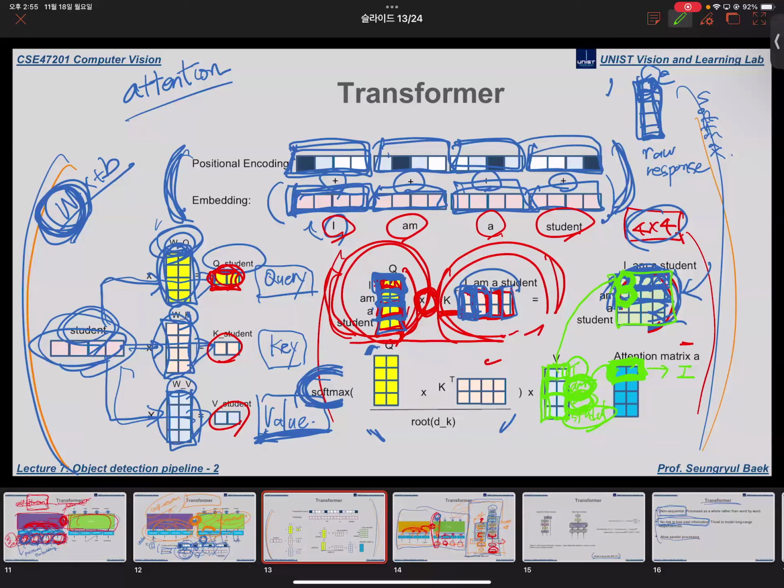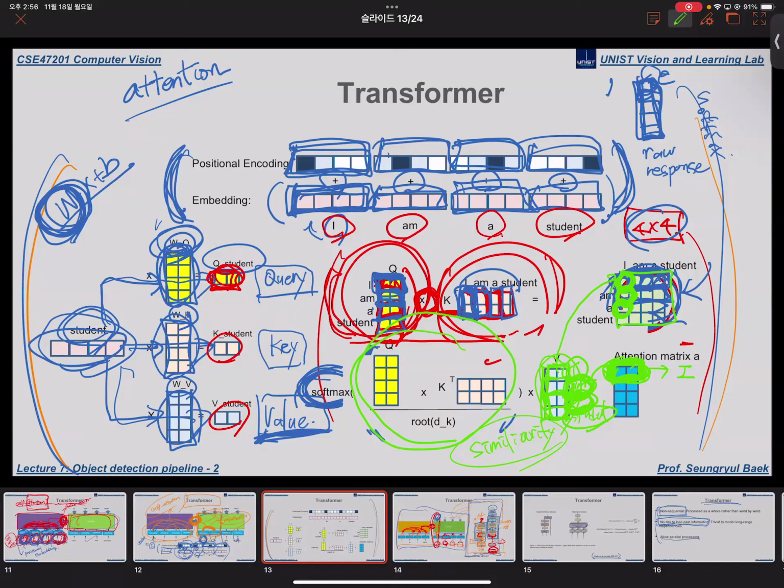And also A, their value feature contributes to make this I's feature, but their contribution is decided by the affinity matrix between I and A, their similarity, okay, and so on. So this is calculating the dense similarity between the inputs, and finally you multiply that with the value feature to make the final feature vector.